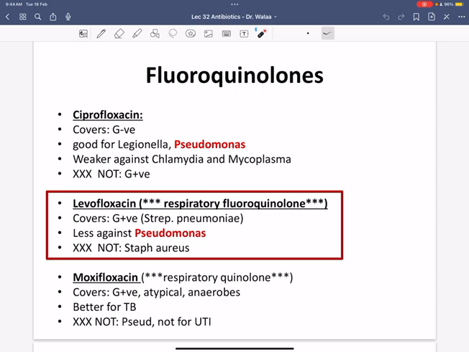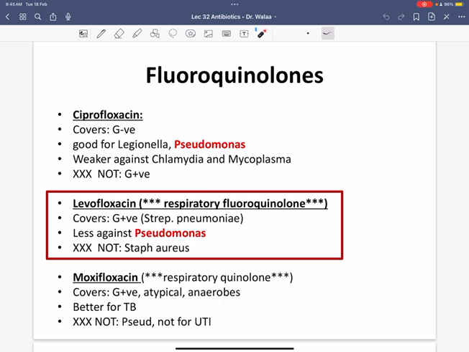So if I want an oral agent to cover pseudomonas, I choose ciprofloxacin, I don't choose levofloxacin. If I want to cover gram-positives in someone who has a respiratory infection, we know that the most common microorganisms causing upper and lower respiratory infection are gram-positive, not gram-negative, in the immune-competent. So if I want to target a gram-positive respiratory infection, I don't go for ciprofloxacin.